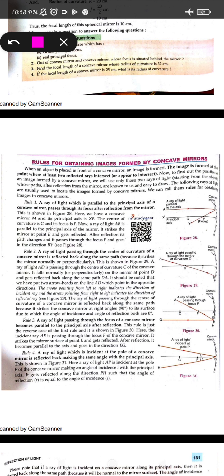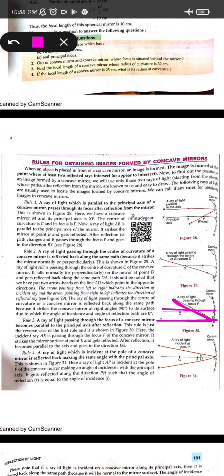In the first rule, we have studied that whenever the light ray is parallel to the principal axis, it always moves through the focus, and similarly, on the inverse of it, whenever the light ray passes through the focus point, so the object is kept at some point, and whenever the light ray from that object passes through the focus point, it will reflect back, but this reflected ray will be parallel to the principal axis.